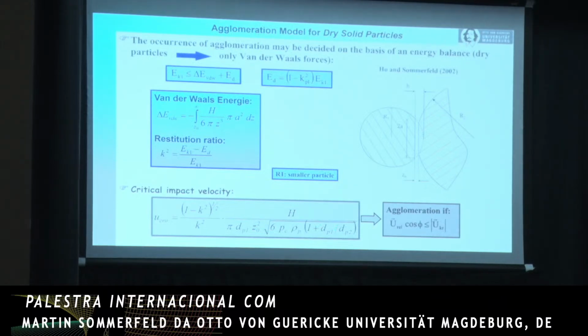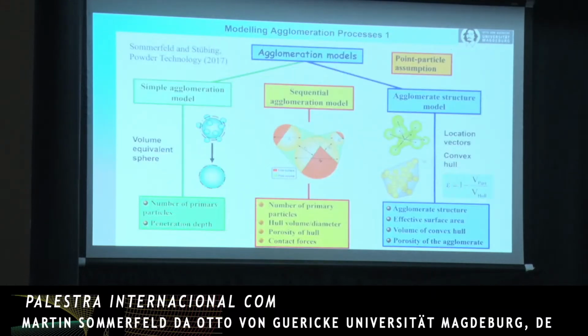So we have taken these values from the literature and used them. So what happens now if the collision velocity normal to the other particle is smaller than the critical velocity? If you have larger velocity, they rebound. Okay? Now what you do with the size?